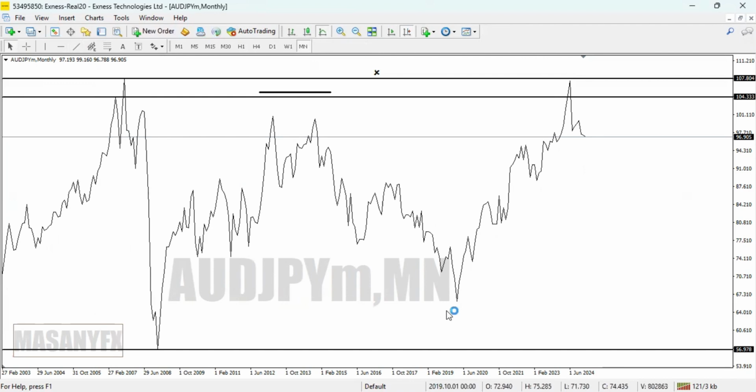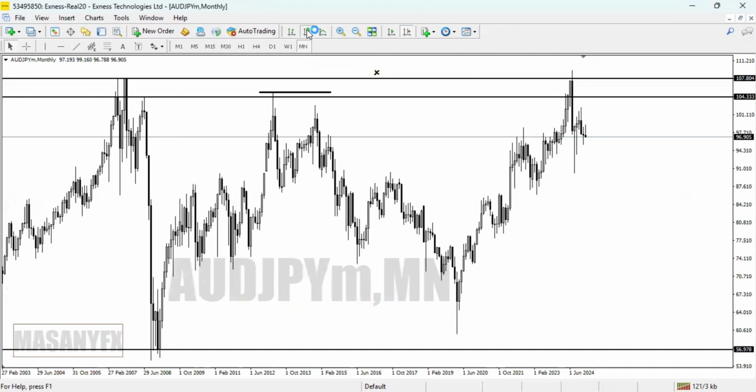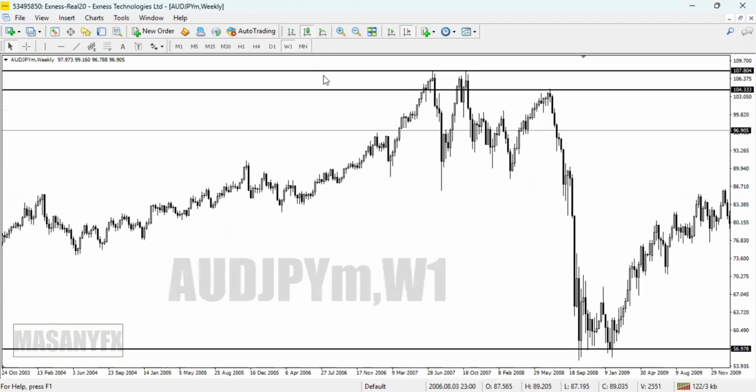No, you can find out that the price did not hit the take profits here, which means it must come back down to hit the take profits. This is AUDJPY on monthly time frame.